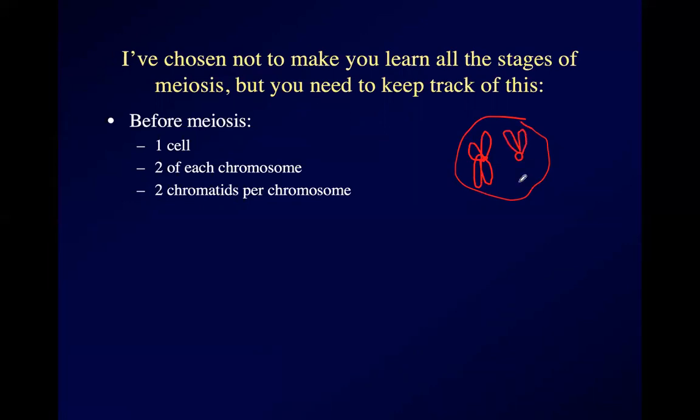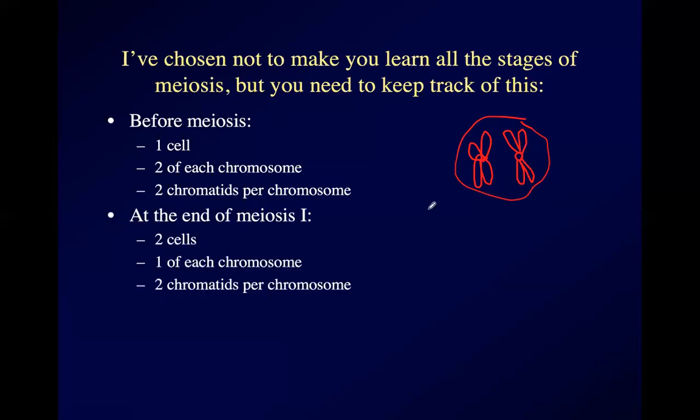I'm only drawing one pair, but of course in cells there would be more than one pair, but I'm just drawing one at a time. At the end of meiosis 1, you have 2 cells, and each one contains 1 of each chromosome, and each chromosome consists of 2 chromatids.